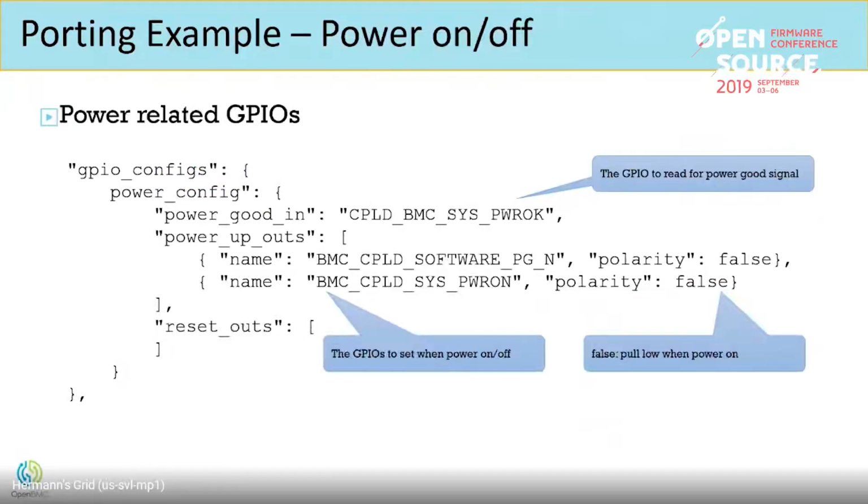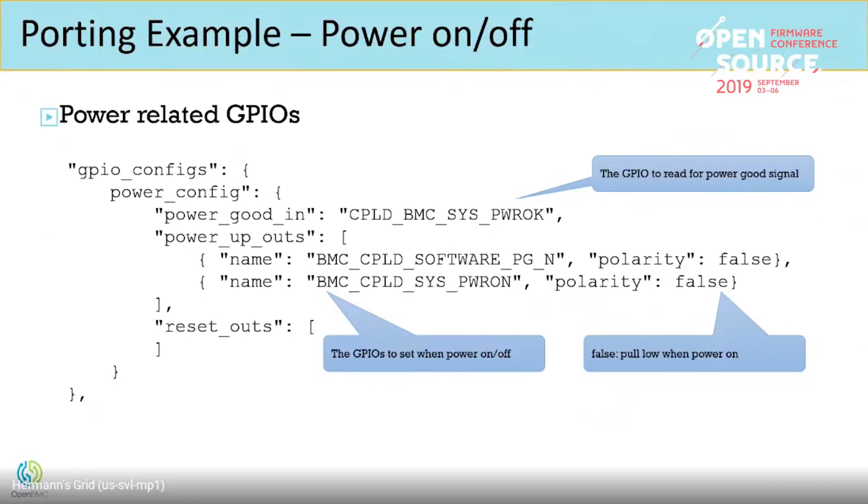Then we have power on, power off configs. So this is a JSON config. We need to define some GPIOs that can be toggled for power on and power off. In this example, the Dubai machine uses two GPIOs during power on.